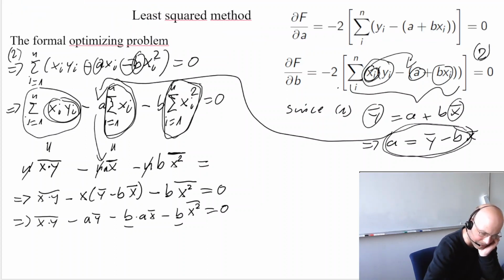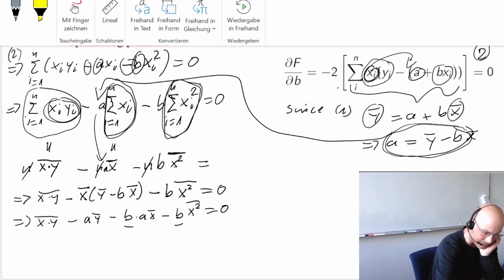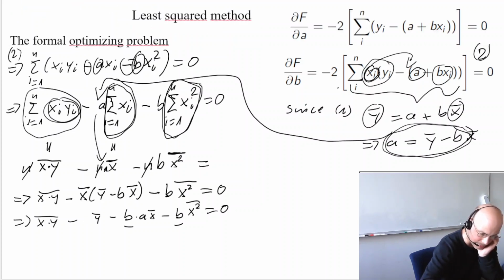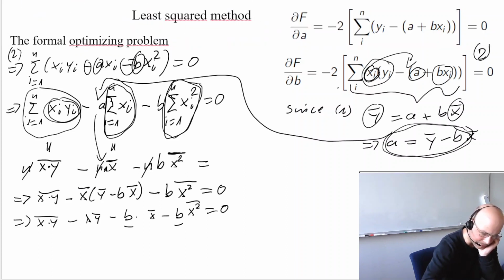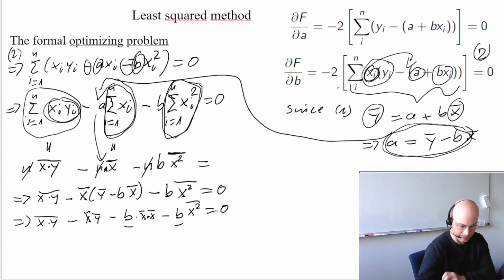Sorry. x bar and x bar, x bar and x bar. And we have here another error. Minus times minus means that we have here a plus sign.